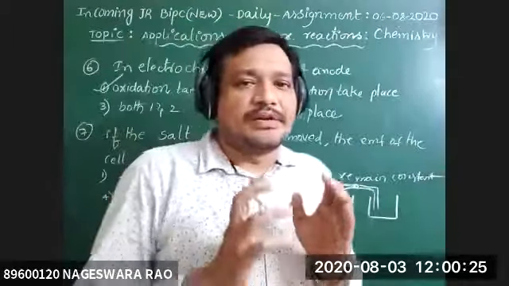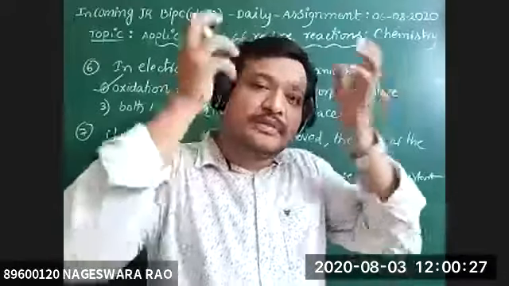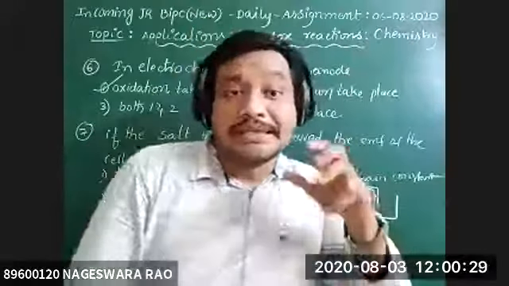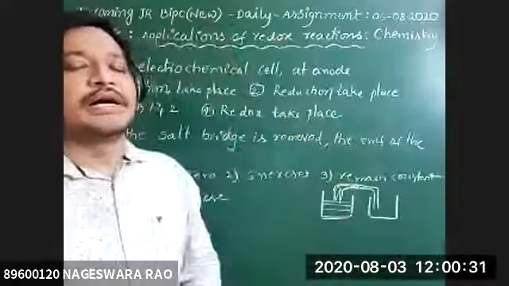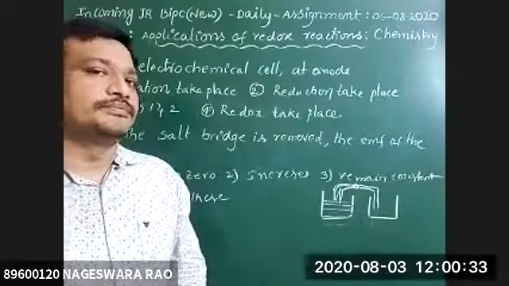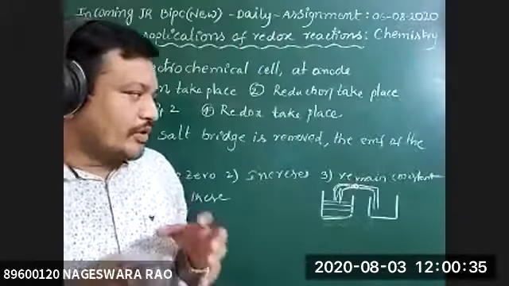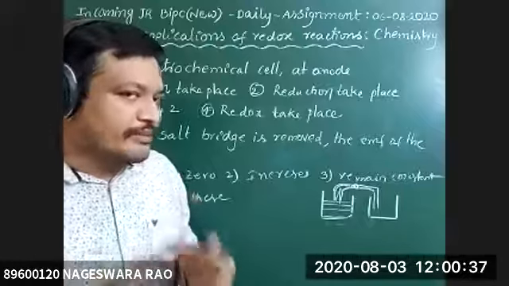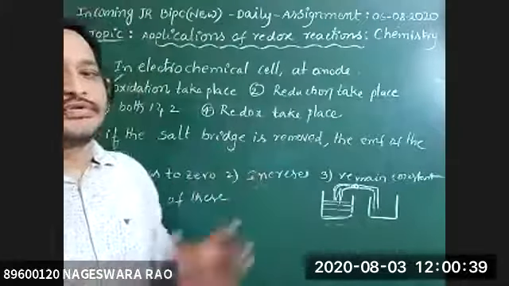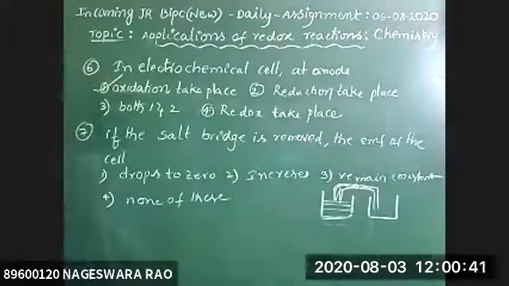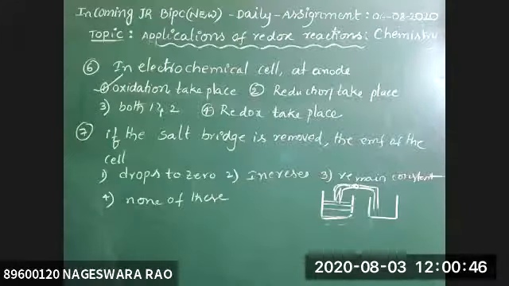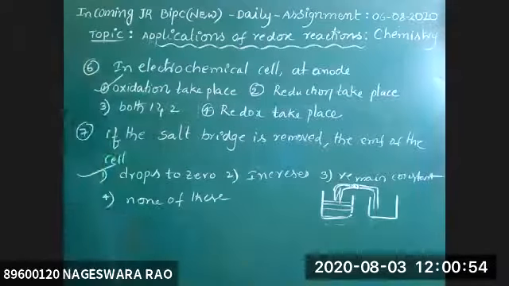The electrons cannot move from one electrode to the other electrode. So the voltage, the EMF of the cell, drops to 0. That is very, very important.